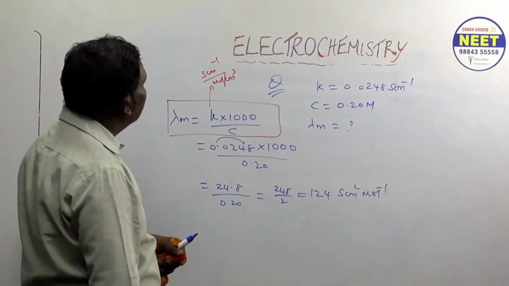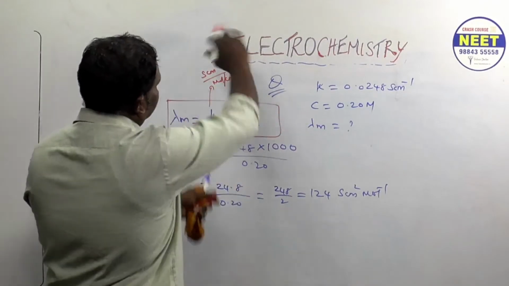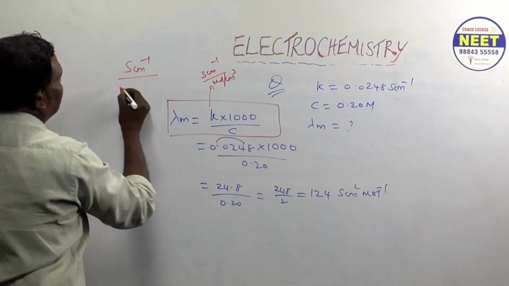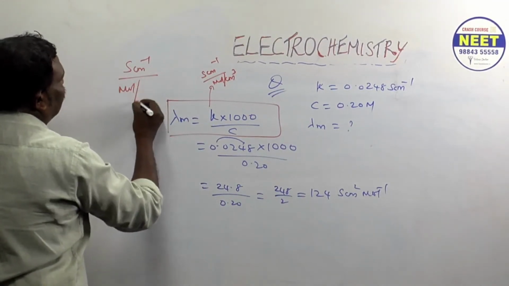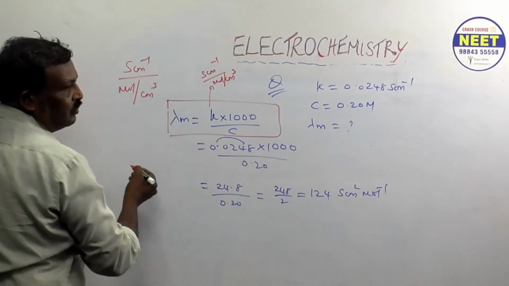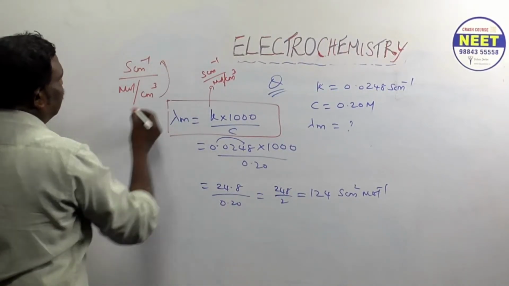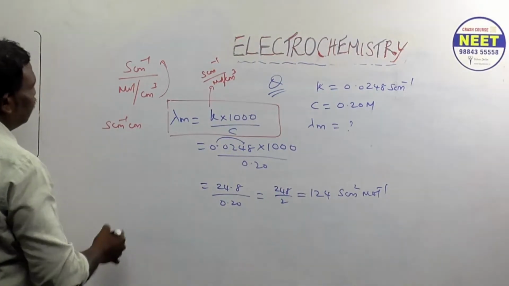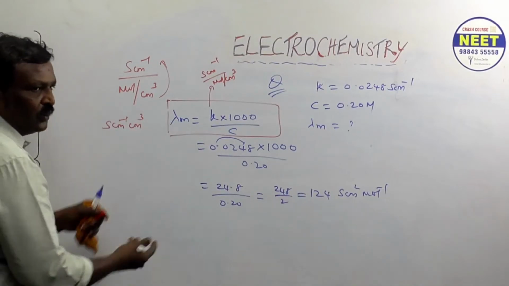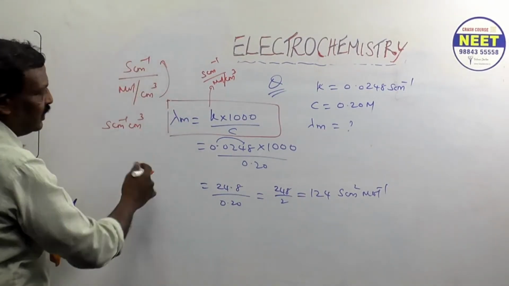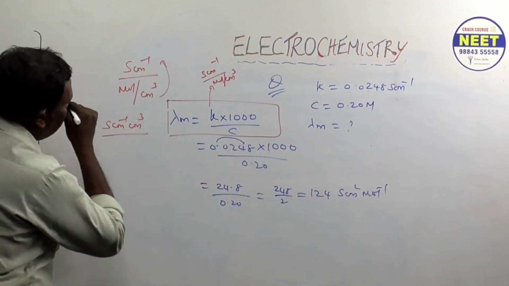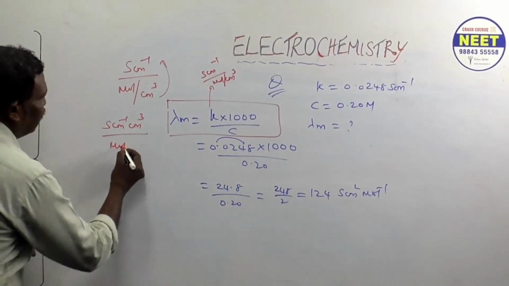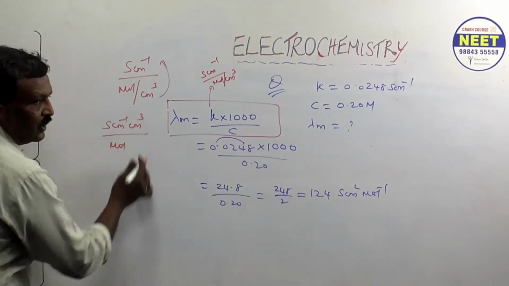When it goes to the numerator, Siemens centimeter inverse divided by mole per centimeter cube, it becomes Siemens centimeter inverse times centimeter cube per mole. Mole is cancelled. 3 minus 1 is 2 only.